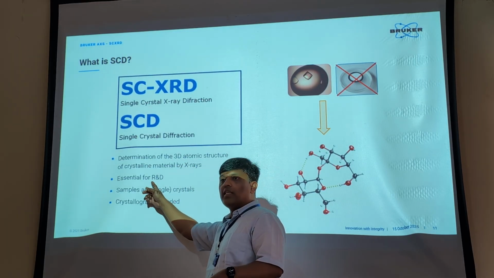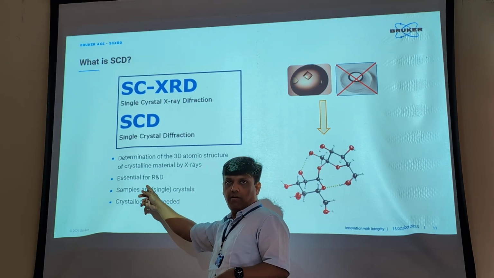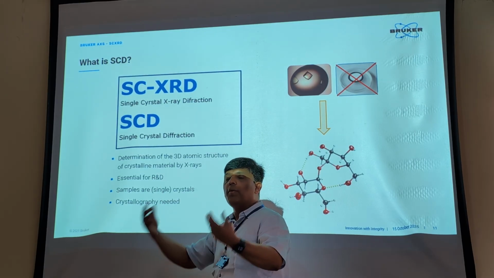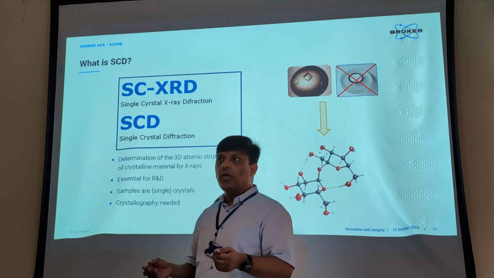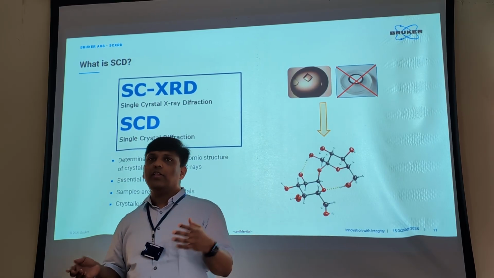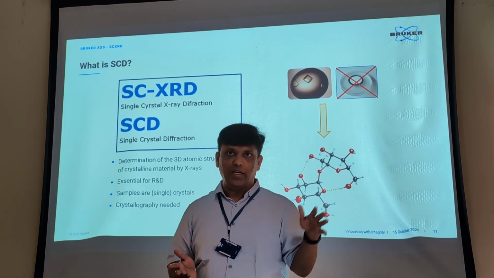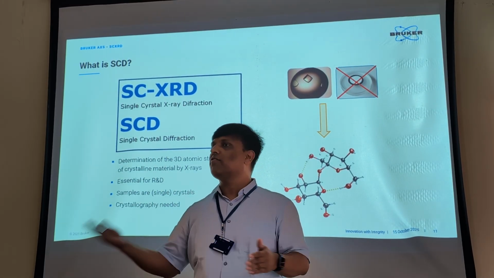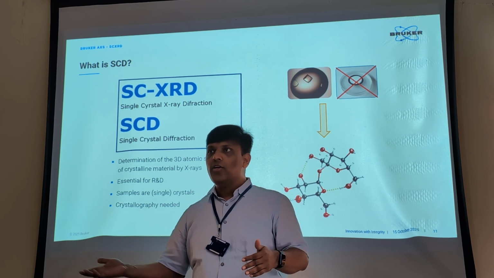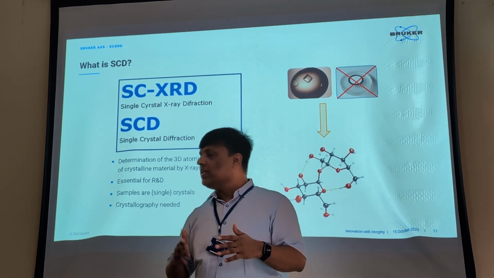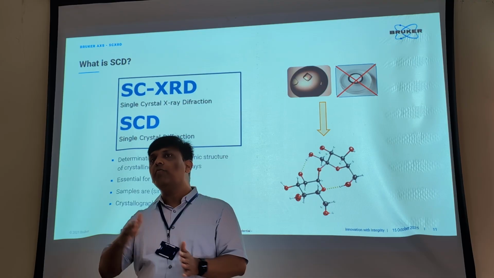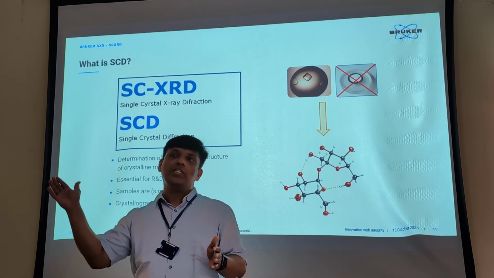Where is it used? Essentially in R&D, research and development, because you are preparing new compounds. Any publication without your structure is kind of incomplete. If you have a structure, that's a final proof. With this machine, your research output and number of publications will exponentially increase.